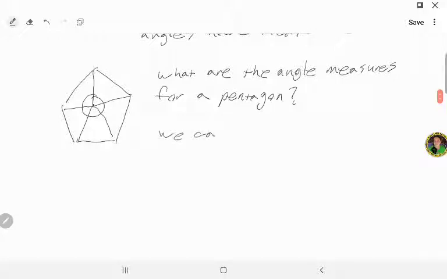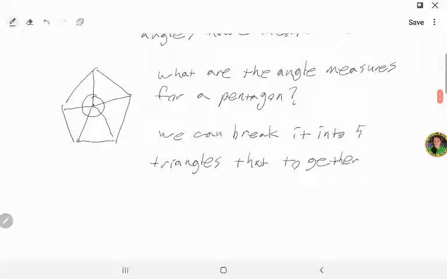We can break it into 5 triangles that together must account for 360 degrees at the center.